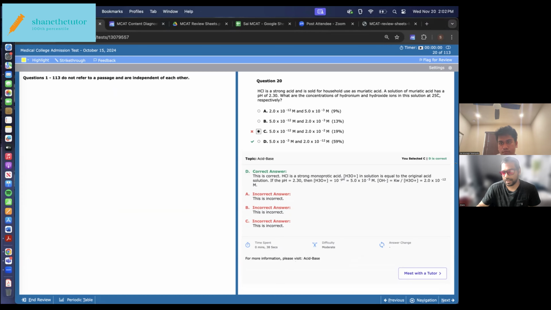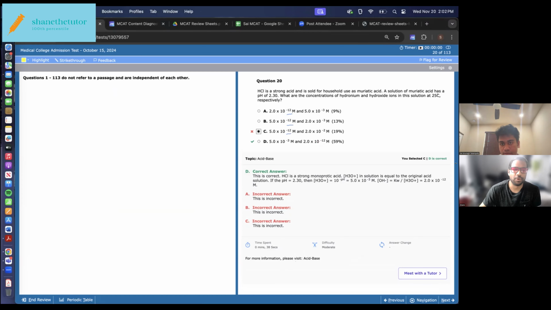So what should be higher, hydronium concentration or hydroxide concentration? Hydronium. Which choice has that? D, I guess. All of these show a lower amount of hydronium compared to hydroxide, right? So that's one way.